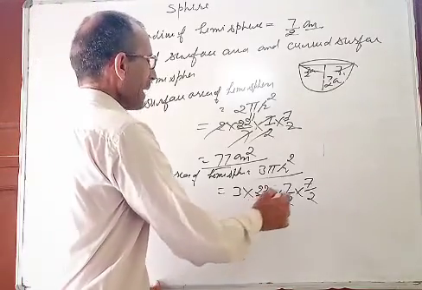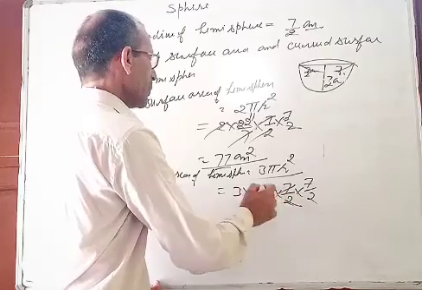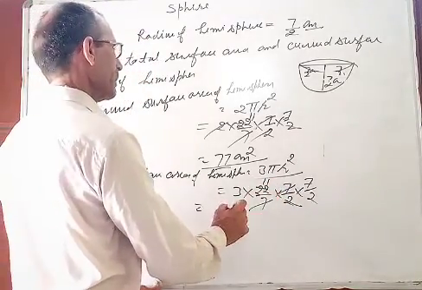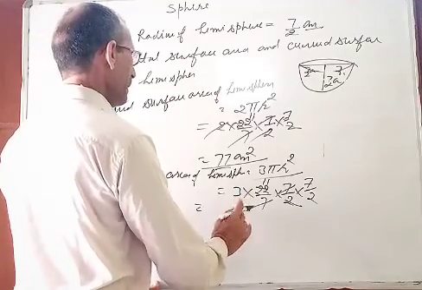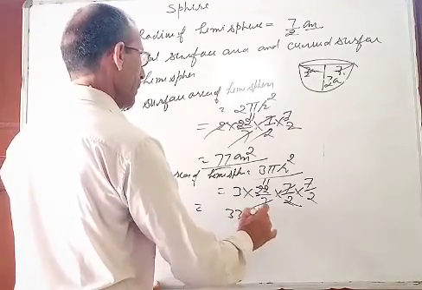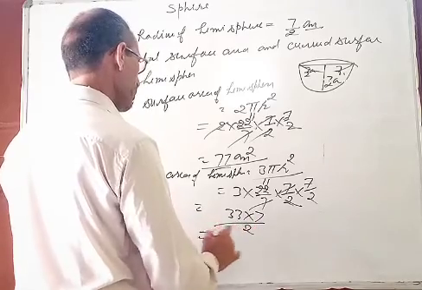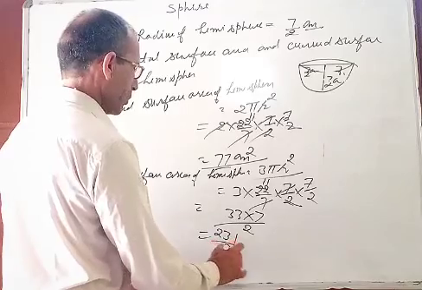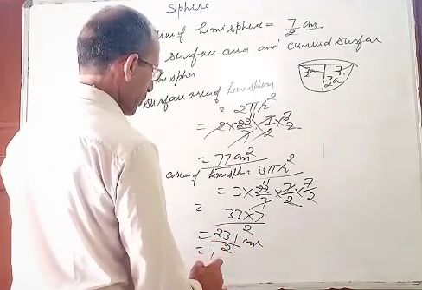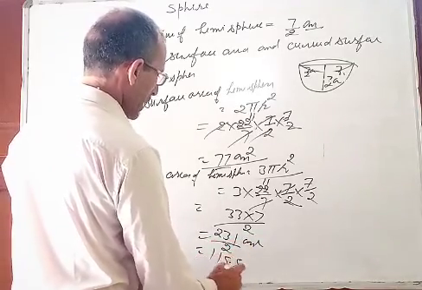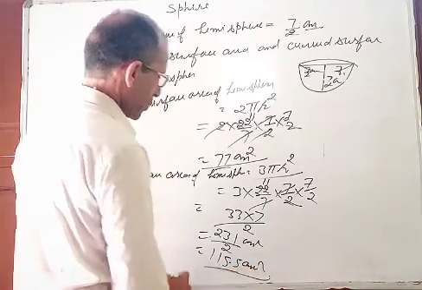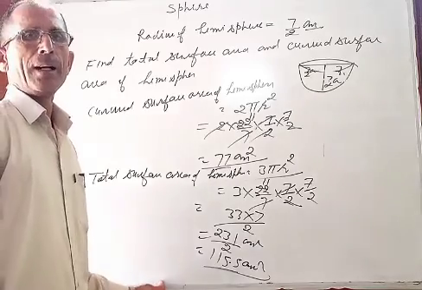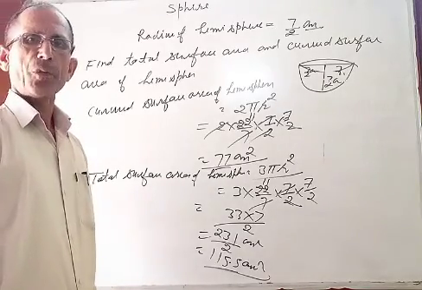Yes. So 7 cancels with 7. Now multiply them. 11 threes are 33. Multiply by 7, divide by 2. 231 by 2 square centimeter, which is 115.5 square centimeter. This is the total surface area of the hemisphere.